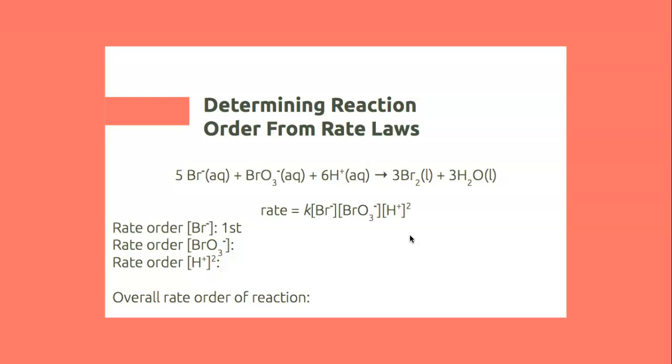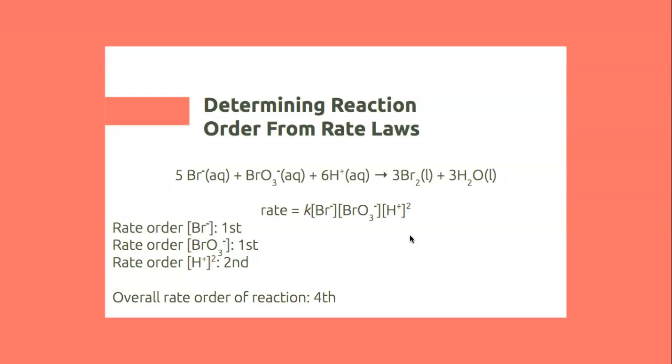You should then be able to look at the next and say the exact same thing. It's also first order. And the last reactant is the only one that has an exponent, so we know that it is second order.